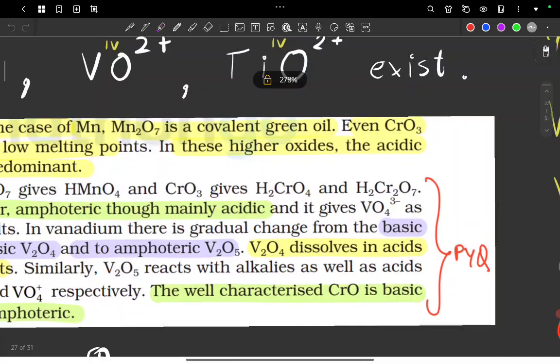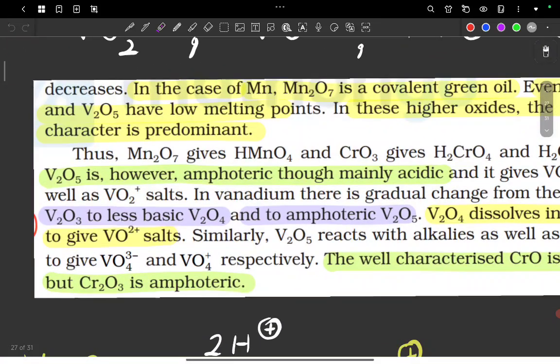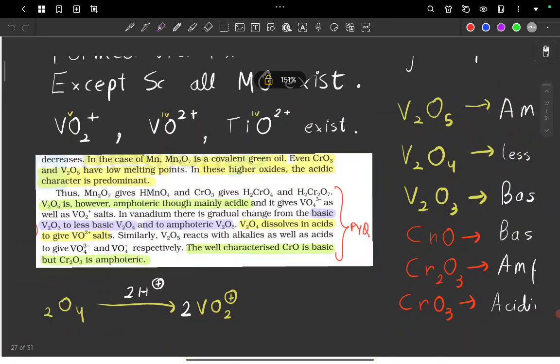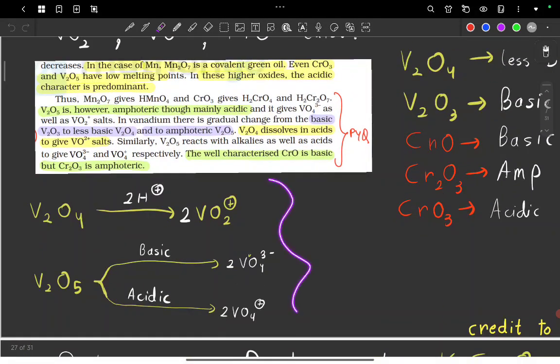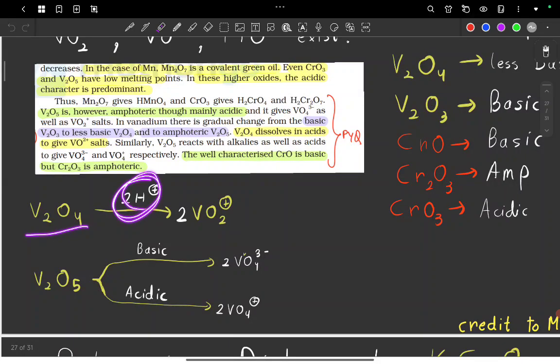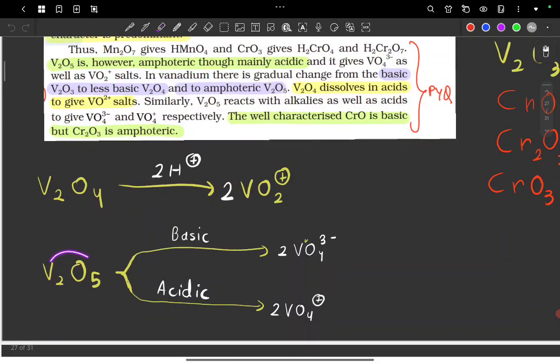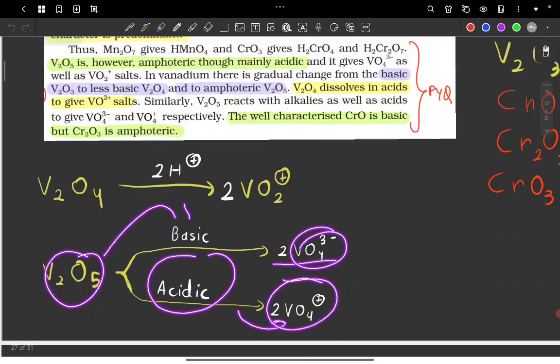Okay, you need to remember that V2O3 is basic, V2O4 is less basic, and V2O5 is amphoteric. And you need to remember these two things, that V2O4 dissolves in acidic medium to give VO2+, and V2O5 in basic medium gives VO4 3-, and in acidic medium gives VO2+.